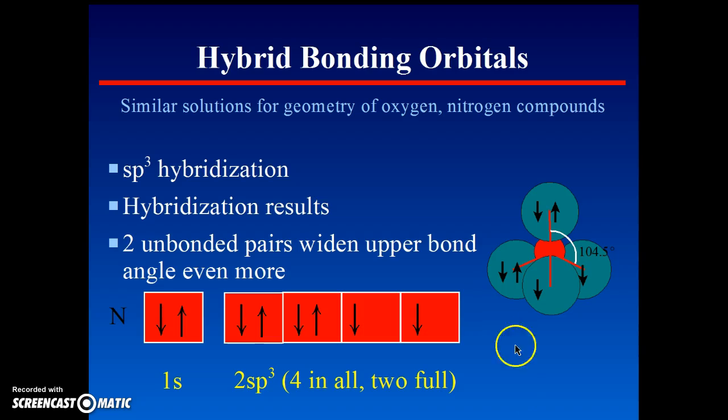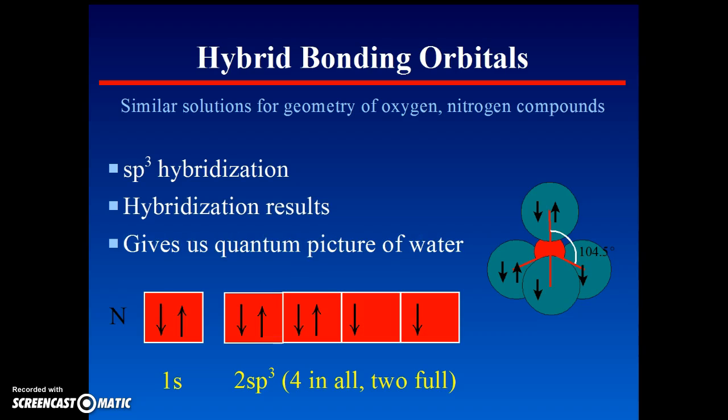The 2 unbonded pairs now are going to push on the bonded pairs and reduce the bond angle between, for instance, hydrogens and oxygen even further to 104.5 degrees, which is what we see from spectroscopy. This gives us our quantum picture of water, and of course it means that water is a polar molecule.